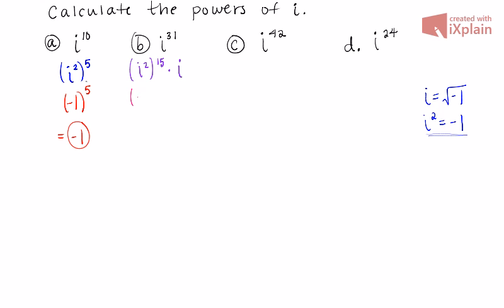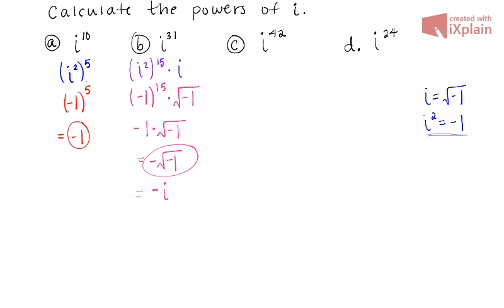So I'm going to replace i squared with -1, raise it to the 15th power, and I know that i is equal to the square root of -1. -1 to the 15th power is -1, so we'll have -1 times the square root of -1, which simply equals negative square root of -1. You could also leave your answer as -i, since we know square root of -1 is equal to i.